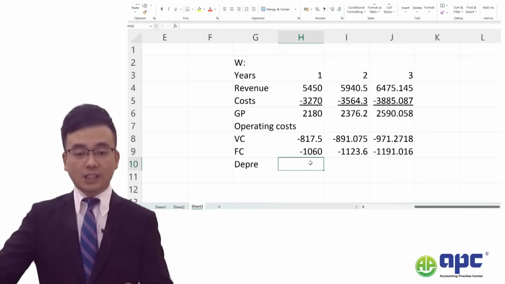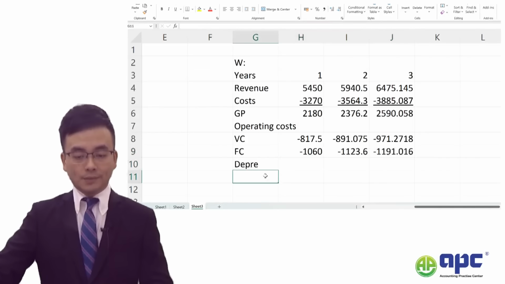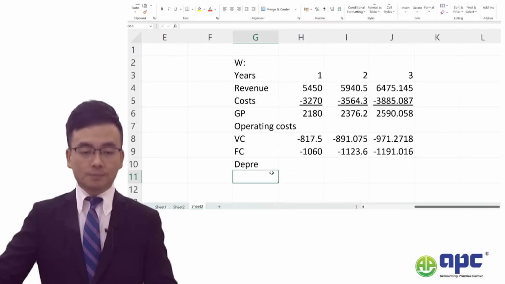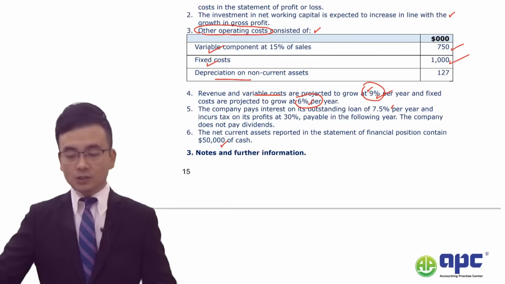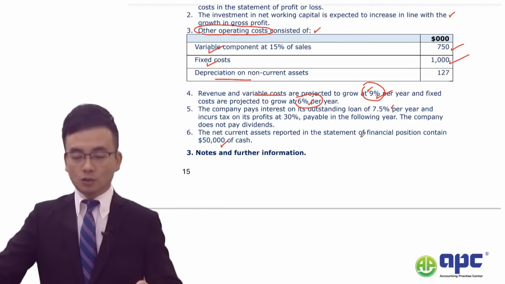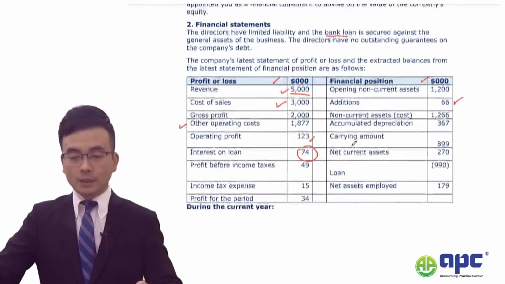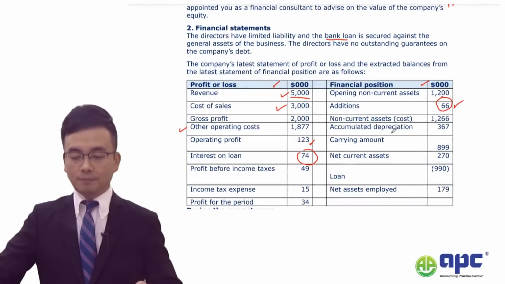How about depreciation expenses? Well, depreciation expenses are a bit difficult. The reason is you will need to understand there will be additions of a non-current asset during the year. And we're told about 66 at the very first start.